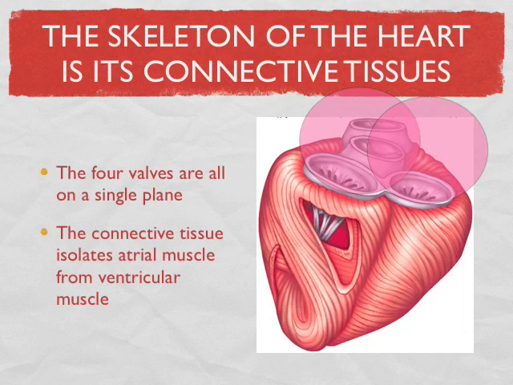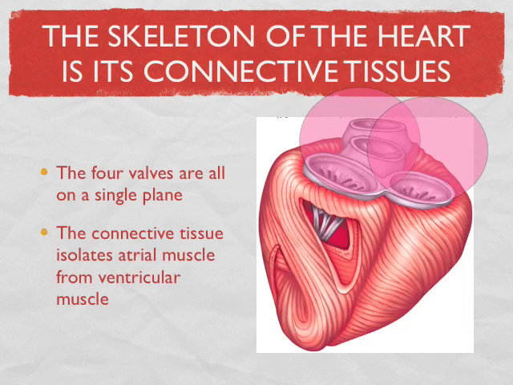They won't pass their signal on to the ventricles, or when the ventricles contract, they won't pass their signal on to the atria. Each one is connected separately to the connective tissue, but not to one another. So that skeleton of the heart is both a foundation and a contraction separator, an electrochemical separator. It's like an insulation between the electrical activity of the atria and the electrical activity of the ventricles.